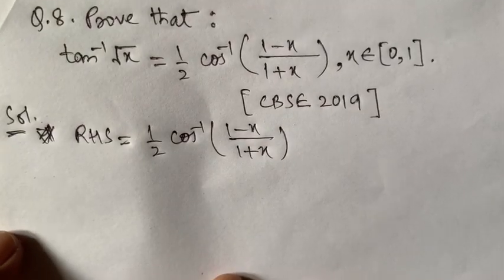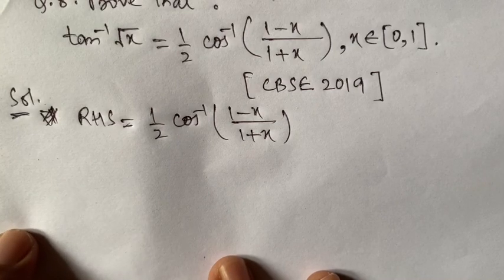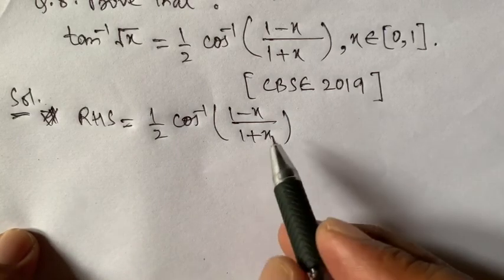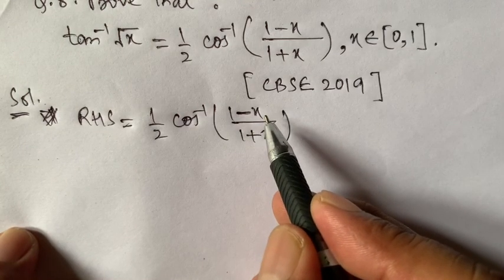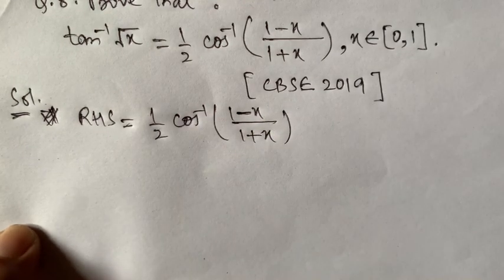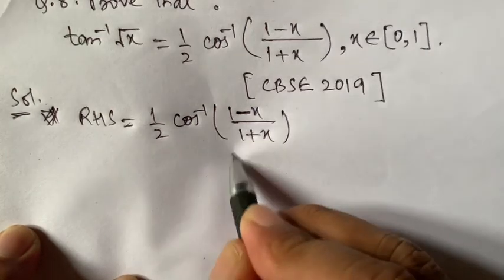Now we will try to simplify it. How can we simplify? We can write x as what? 1 minus x and 1 plus x, both are there. So we can write x as tan square theta.